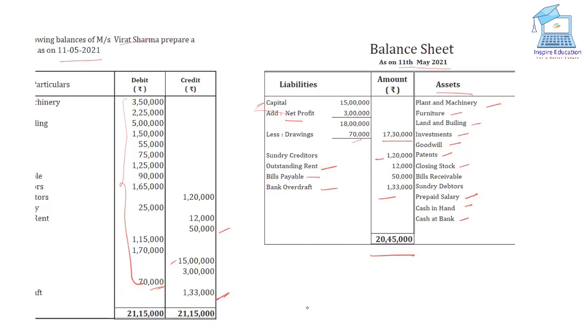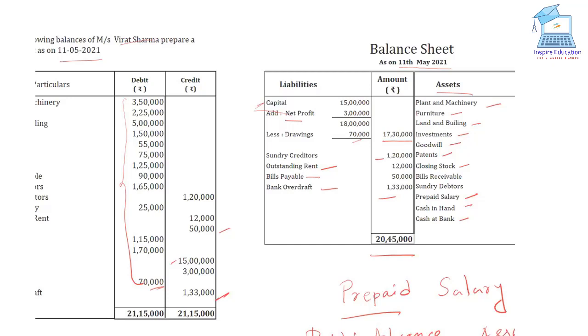So the question is whether prepaid salary is an asset or not. Someone in the chat section asked whether prepaid salary is an asset. Yes, prepaid salary. Anything prepaid, not only salary. Anything which you have paid in advance. Prepaid means paid in advance. So anything you have paid in advance is your asset.